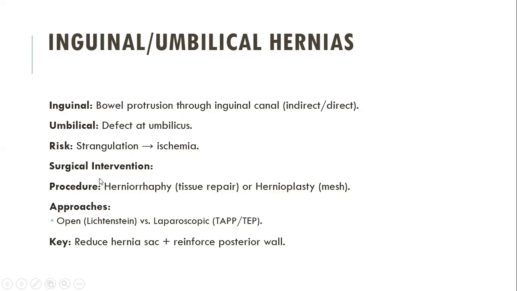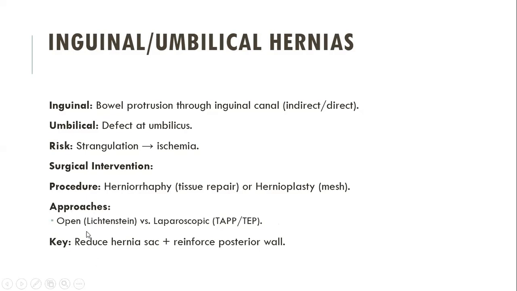So, what we do for these hernias, we do surgical interventions like herniorrhaphy, in which the hernias are repaired, and hernioplasty, in which mesh is placed in that area of the hernia. So what are the approaches?